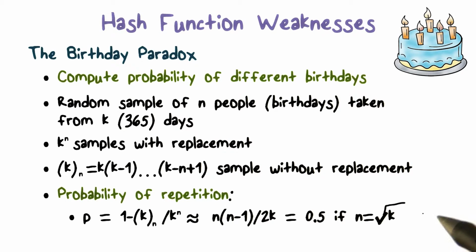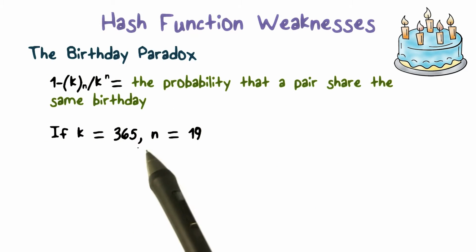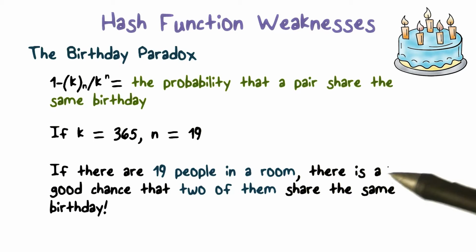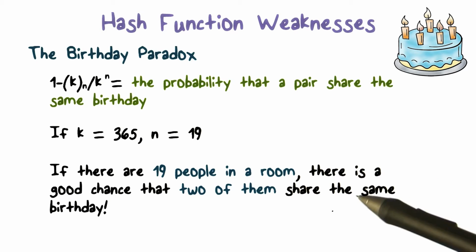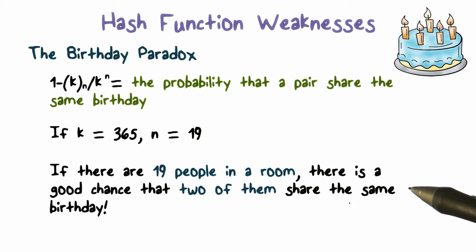Again, this is just an approximation. If k is 365, then the square root of k is 19. That means, as an approximation, if we have 19 people in a room, there's a good chance that 2 of them share the same birthday. I have tried this in my class every year with the students in my classroom, and it always works out as the math tells us.